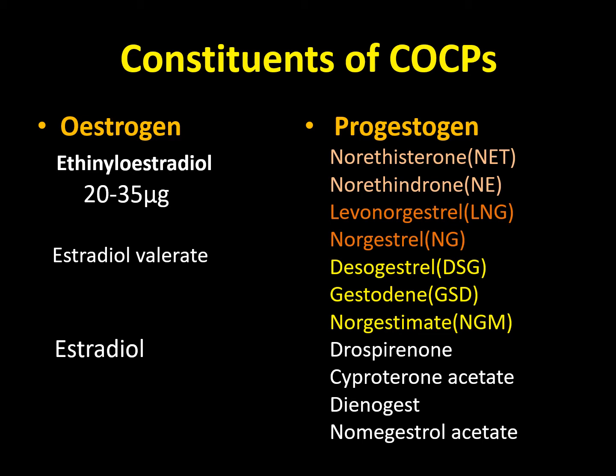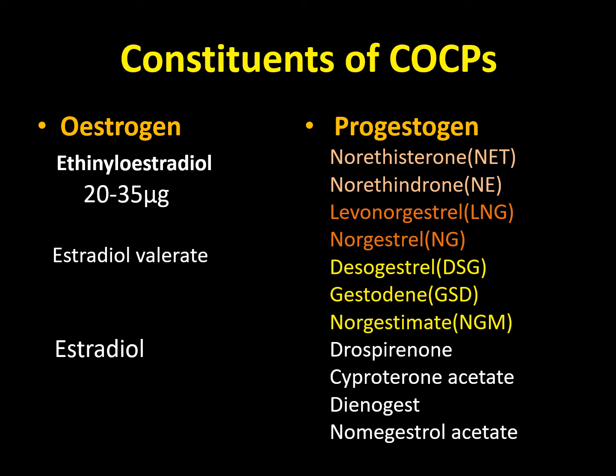Progesterone itself cannot be used in combined oral contraceptive pills because of its rapid metabolism in the liver, and this is why we use synthetic progestogens that were produced from progesterone or testosterone. The earliest generations, levonorgestrel and norethindrone, were derived from testosterone, while the later ones were derived from progesterone and spironolactone.